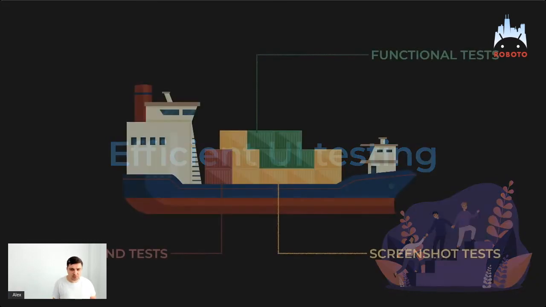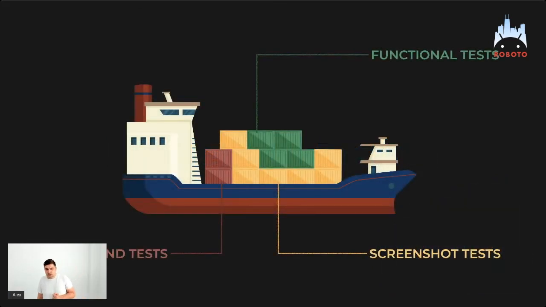So let's take a look. What we do, we combine end-to-end test, functional test, and screenshot test. But maybe initially, let's try to remove any of these layers, any of these approaches for our test. So the first one, let's try to remove end-to-end test.